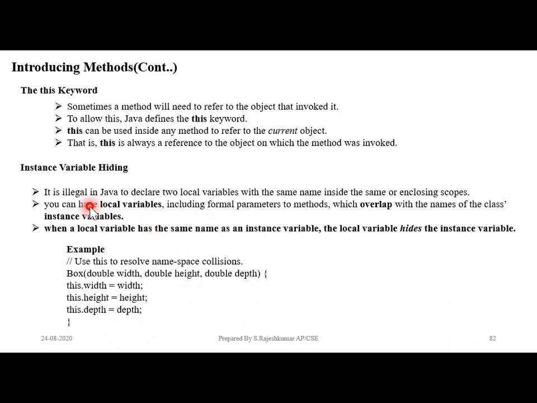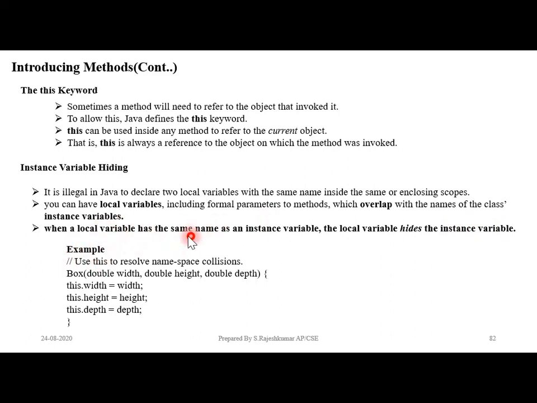Instance variable hiding is an important concept. It is illegal in Java to declare two local variables with the same name within the same scope. In any programming language you cannot declare two variables with the same name. You can have local variables, including formal parameters to the method, which overlap with the name of the class instance variable.